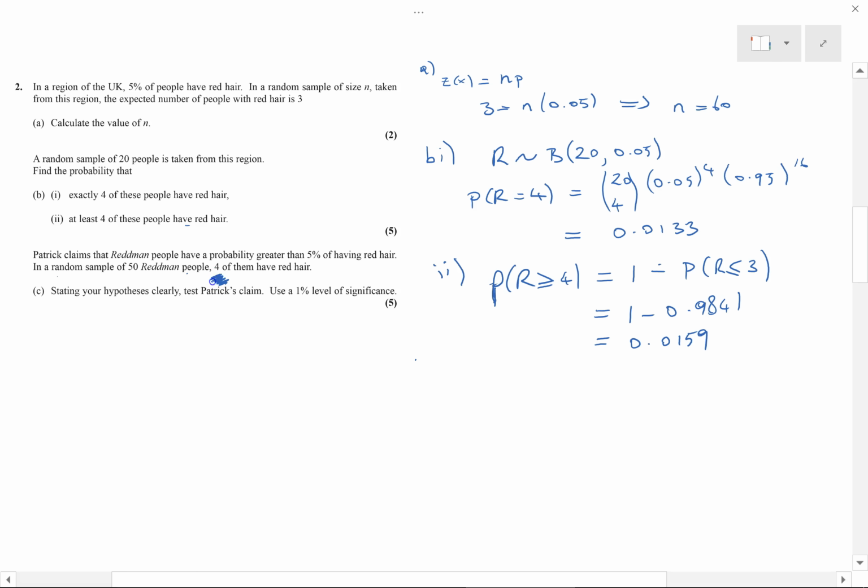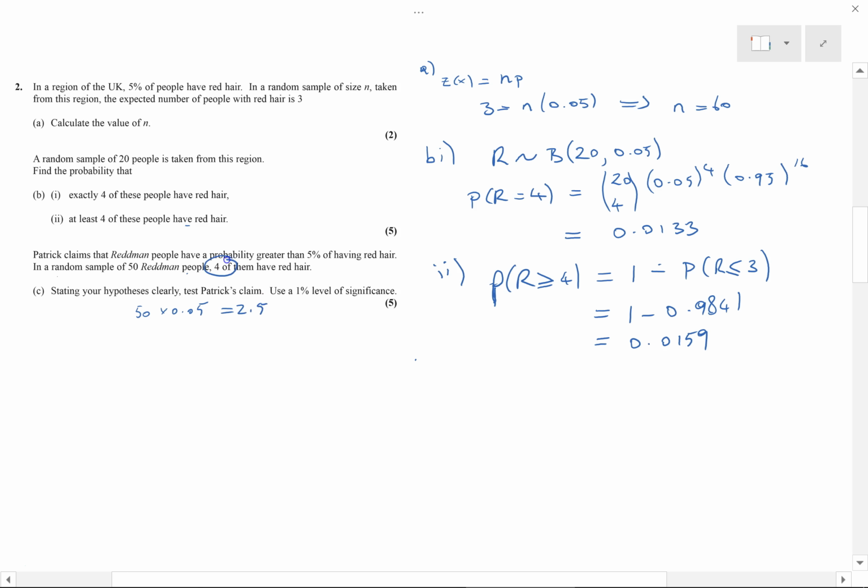Now, whenever they give you the value of a test statistic, I'd rather use that than work out the critical region. You can work out the critical region, but it's generally easier to work out the probability of getting that number, or something even a little more surprising than that number. What's noticeable here is that out of 50, because the mean is 0.05, we would expect 50 times 0.05, which comes to 2.5.